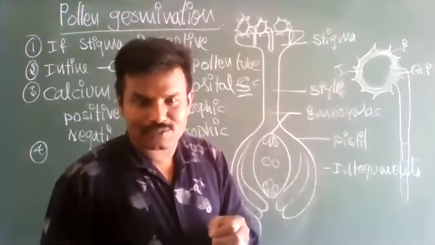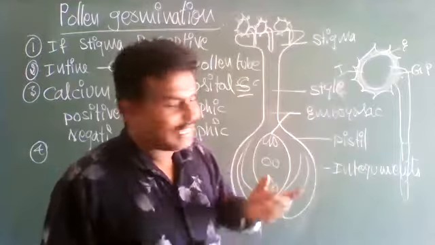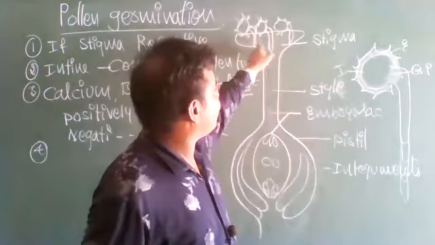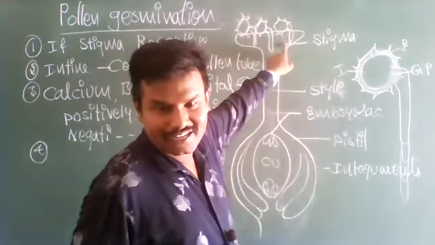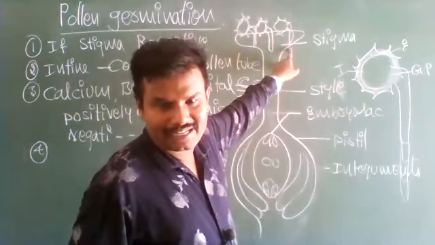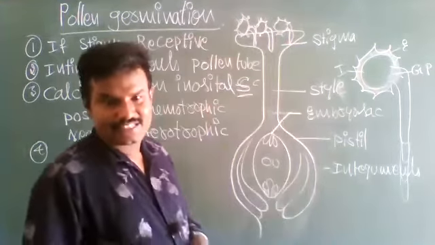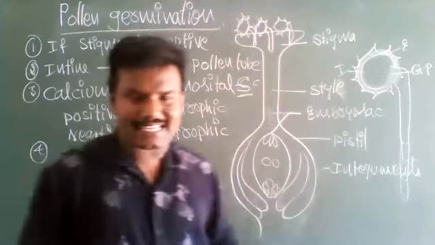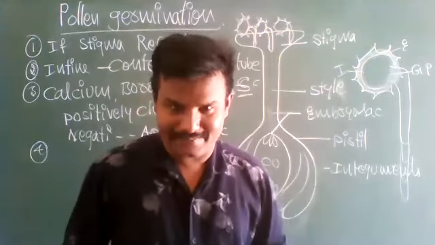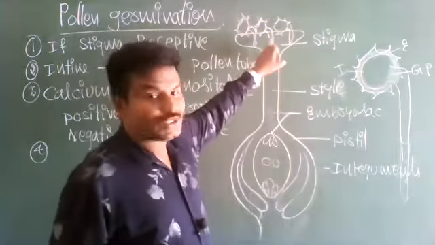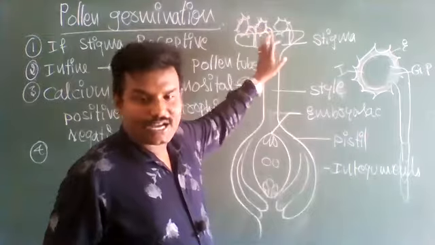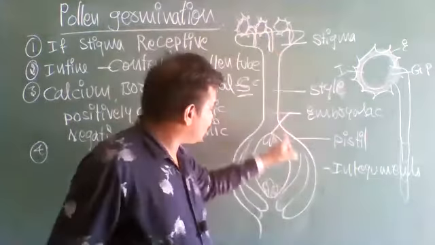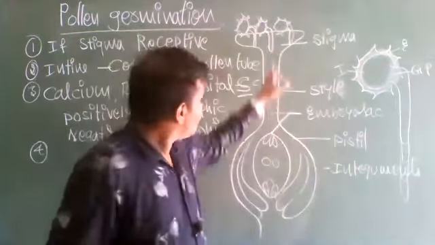That sucrose breaks down the epidermal tissue of the stigma and acts as a stimulus. Sucrose acts as a pollen tube stimulus. So this sucrose helps the pollen tube grow towards the ovule.